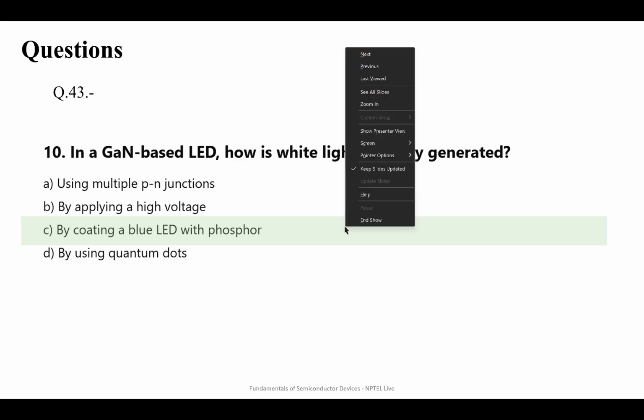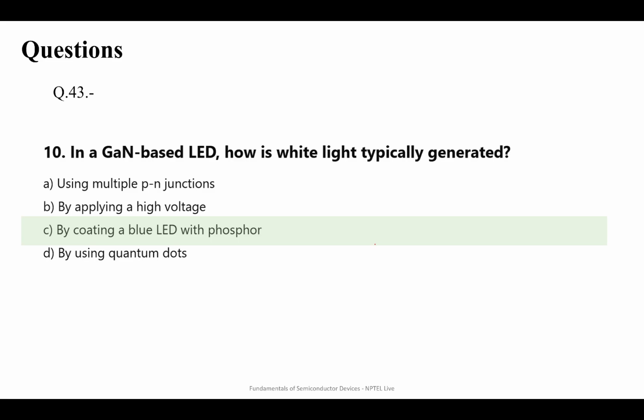If you take a white LED and look at its spectrum, this is lambda and this is intensity. With a spectrometer, you can see at what wavelength what is the intensity of light. You will see something like this.